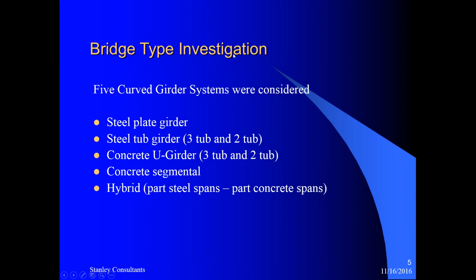For the bridge type investigation, five girder systems were considered: a typical steel plate girder, steel top girder, concrete U-girder, concrete segmental, and a hybrid part steel, part concrete structure.